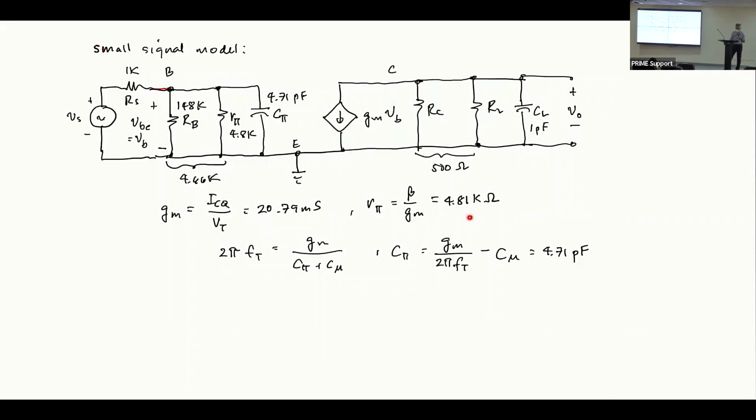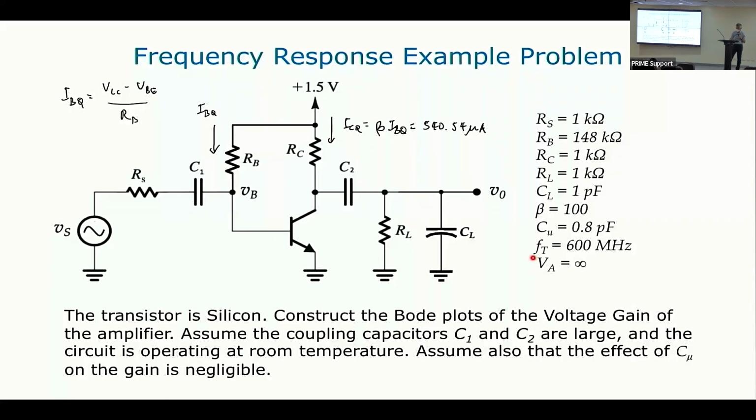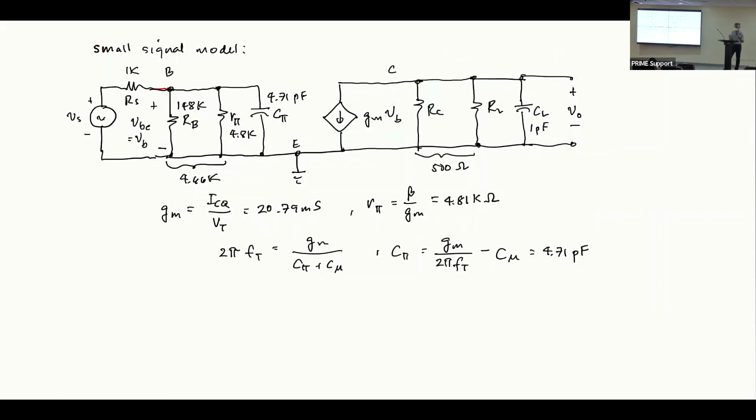And then I can compute for Cπ because I know my transition frequency, 600 megahertz, and I'm also given Cμ. You recall that last time we computed for a way of determining your transition frequency. That's ωT is equal to gm over Cπ plus Cμ. So from there, I can compute for Cπ.